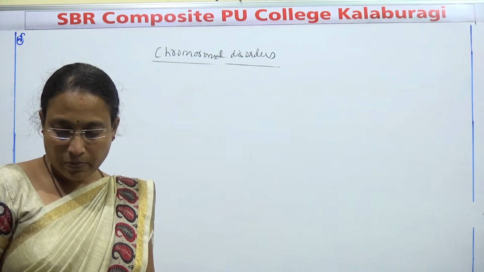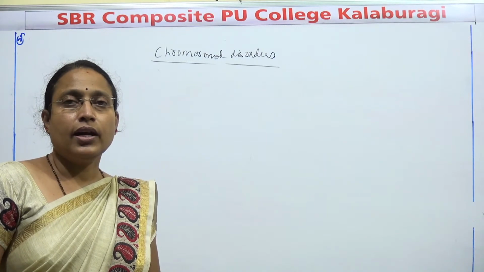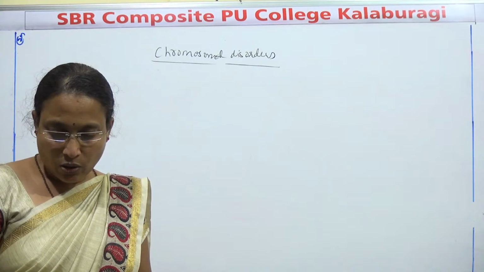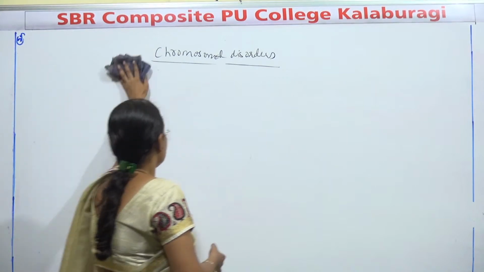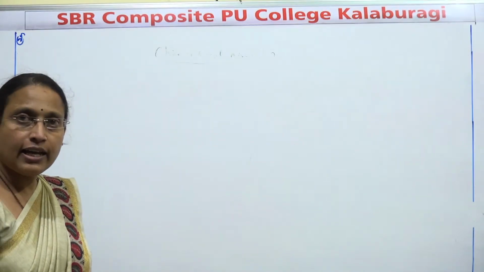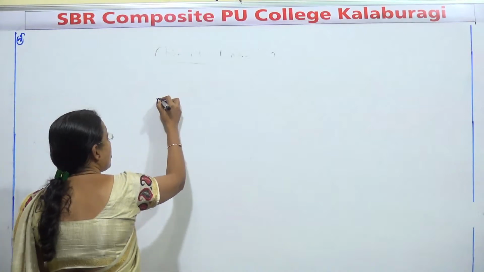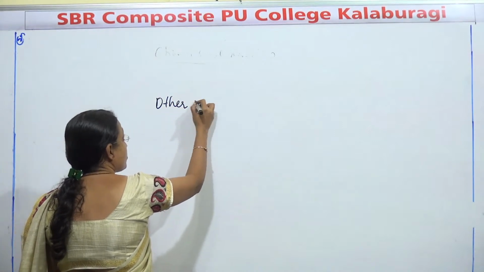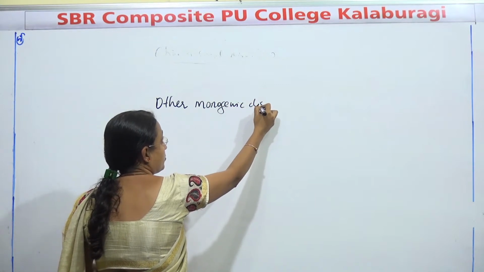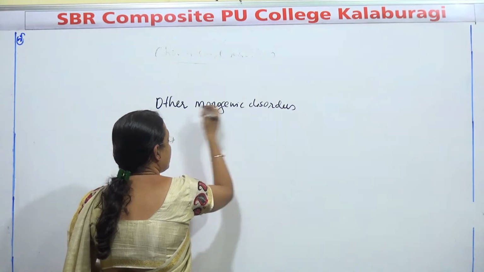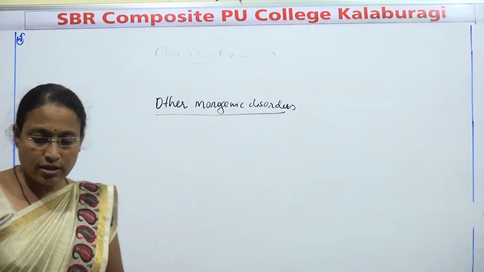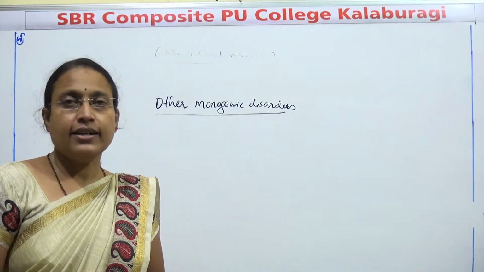Now next I'll be explaining the remaining monogenic disorders. Before going into chromosomal disorders, I continue with certain remaining monogenic disorders, the other monogenic disorders which are mentioned in NCERT.